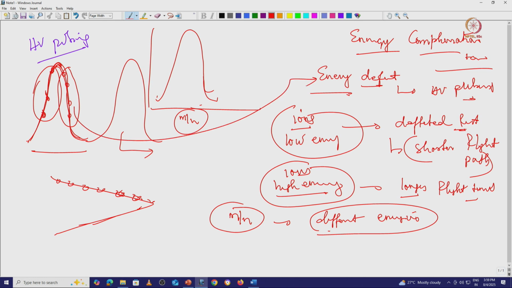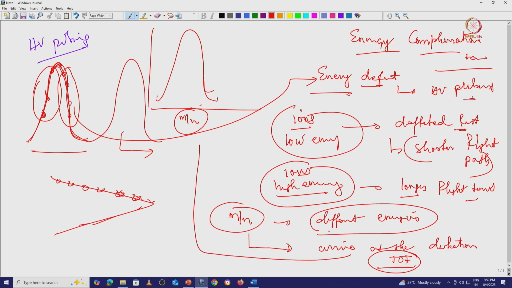So ions with the same mass to charge ratio but different energies can arrive at the detector with a similar time of flight. This can be possible, and this will only lead to the broadening of the mass spectrum peak.